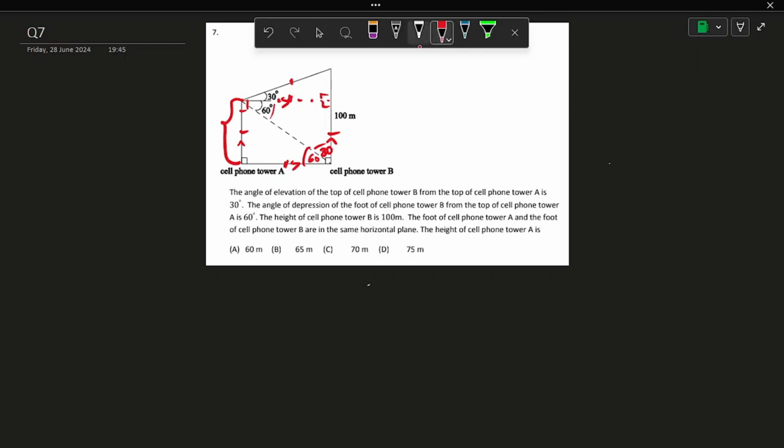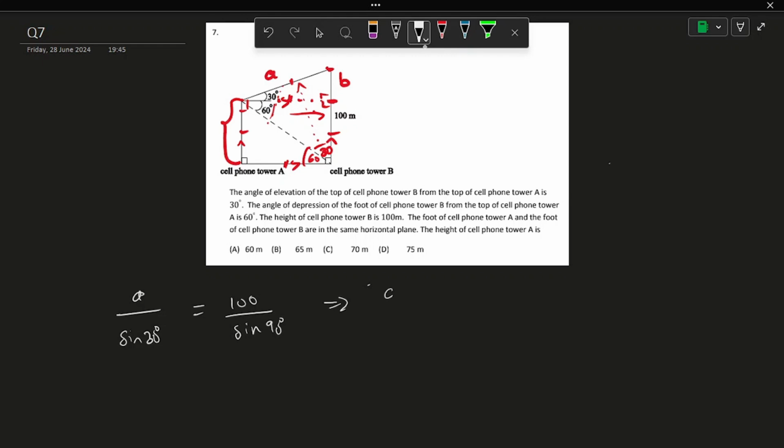Let's name this A, and this part to here, let's call it B. So we know that here we have 90 degrees and here we have 30 degrees. We can use sine rule to get A, because we have 90 degrees that is opposite this 100, and 30 degrees that is opposite this A. So we say A divided by sine 30 degrees is the same as 100 divided by sine 90 degrees.